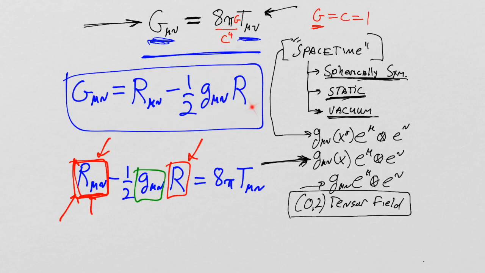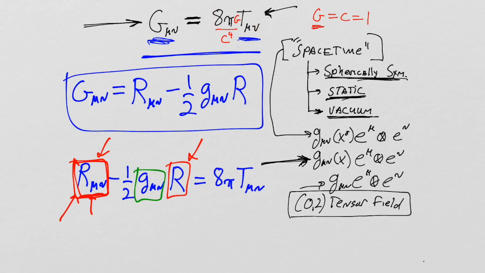Which means that this whole left-hand side could be written in terms of just the metric. It'd be a mess to do. I'll probably write it out at some point just for kicks. But in a sense, the left-hand side is entirely written in terms of the metric once you learn how to write this in terms of the metric.